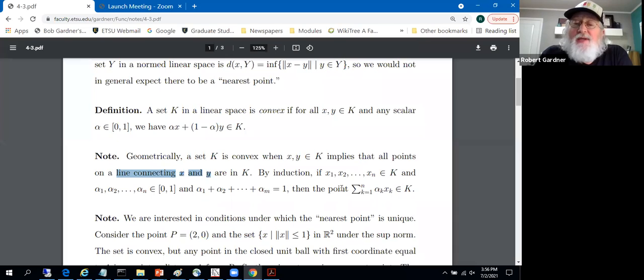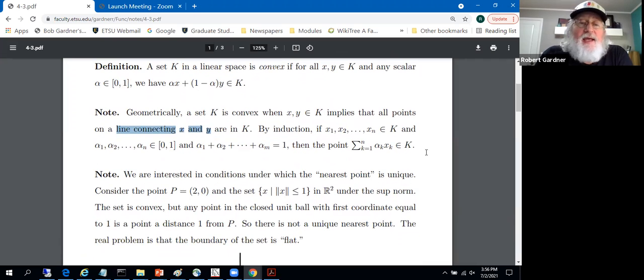By induction, if we had a bunch of points, x1 through x sub n in convex set K, and a bunch of scalars, alpha 1 through alpha sub n, which sum to 1, then if we took the linear combination of the alpha sub k's with the x sub k's, we'd also get this to be a point in K. So there's a more general implication about the convexity idea.